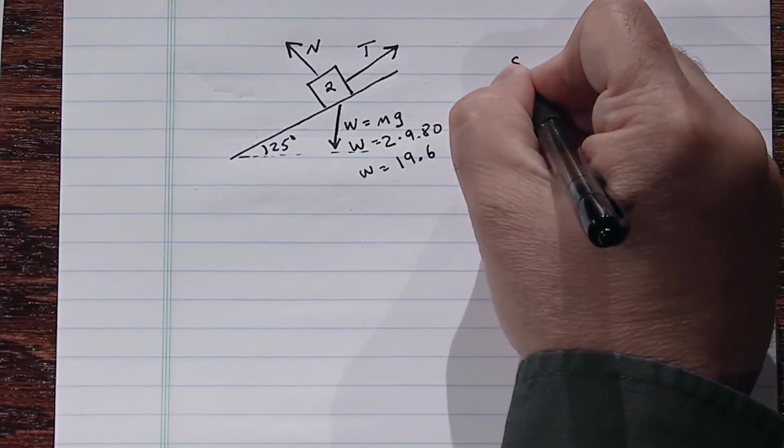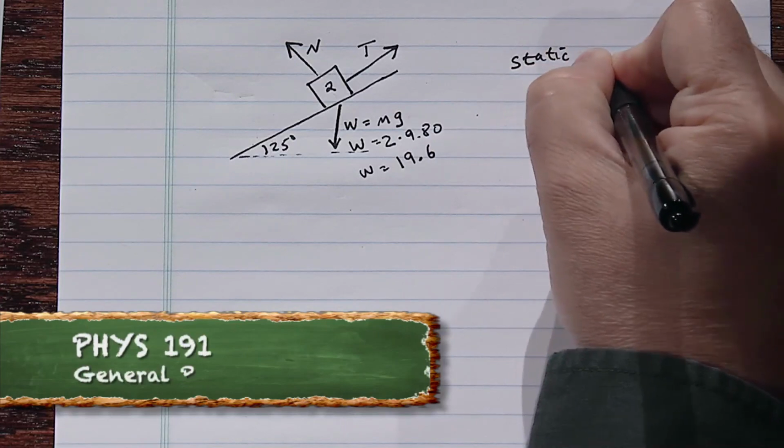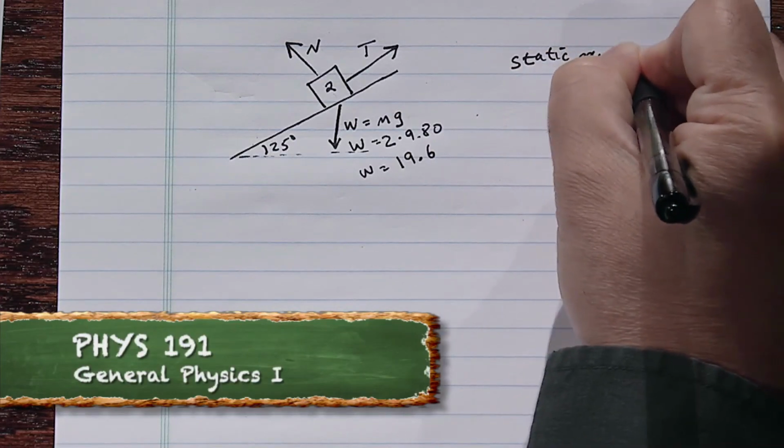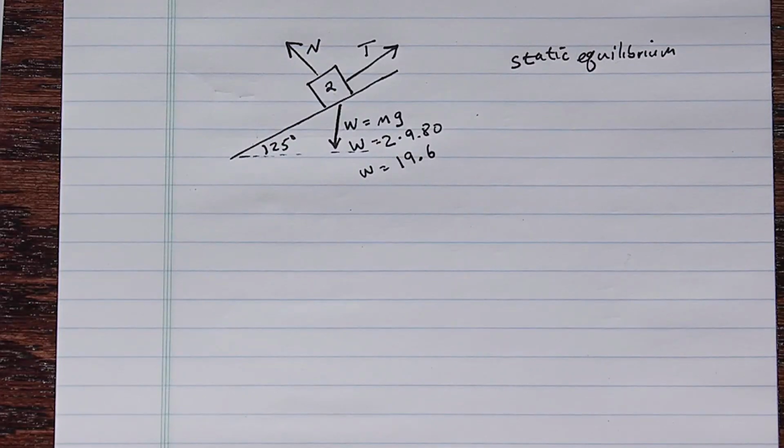Okay. The box is at rest, or remains at rest. So we know that we once again have a static equilibrium situation.